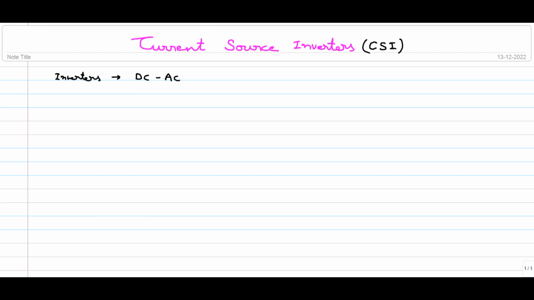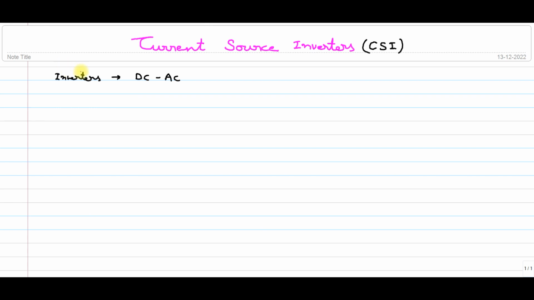So what exactly are current source inverters? Till now we may mostly have discussed voltage source inverters, where voltage is the source, that means the voltage will be constant. Coming to current source inverters, the current from the DC source is maintained at a constant level irrespective of load and inverter conditions.